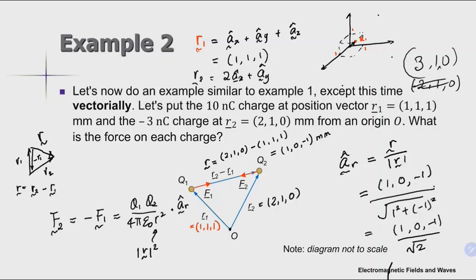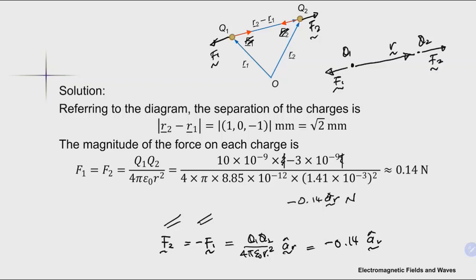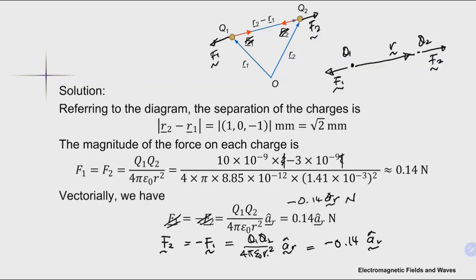So all you need to do is change my 1, 1, 1 to 3, 1, 0, calculate R, work out the magnitude of R, work out the unit vector R, and then put all that into this equation here. Okay? And then you can work out the force as a vector. Okay, so that is how you go about doing it.